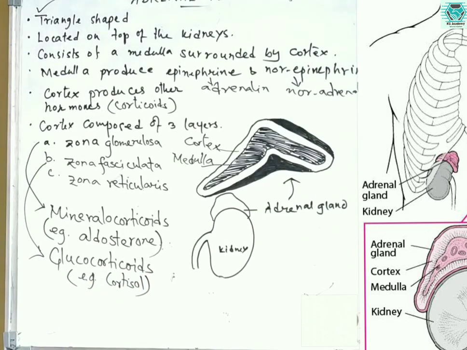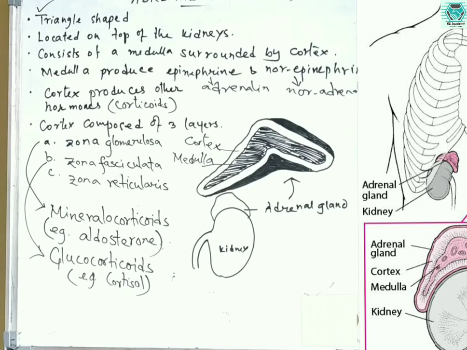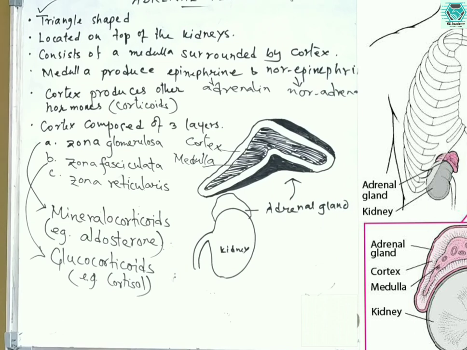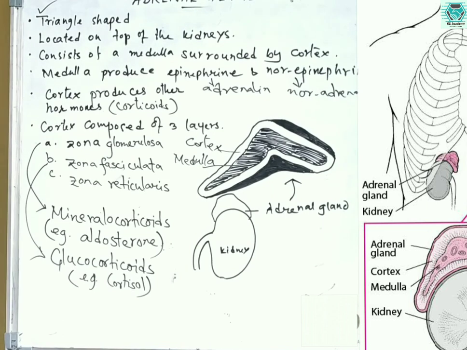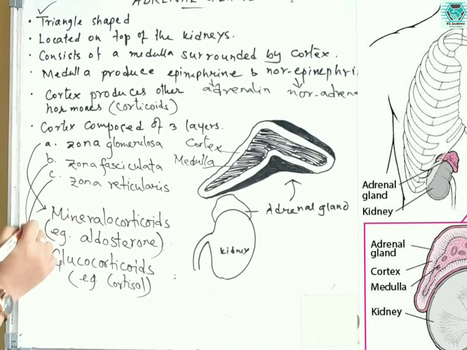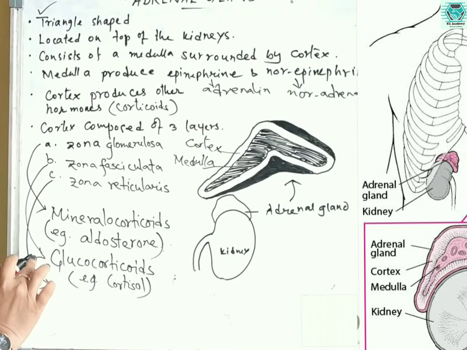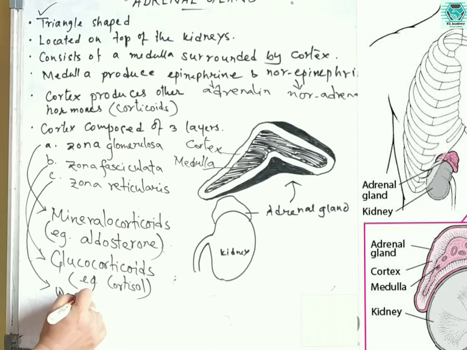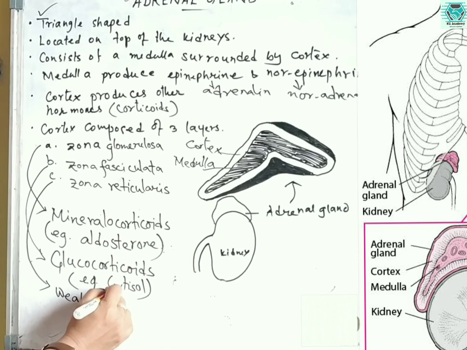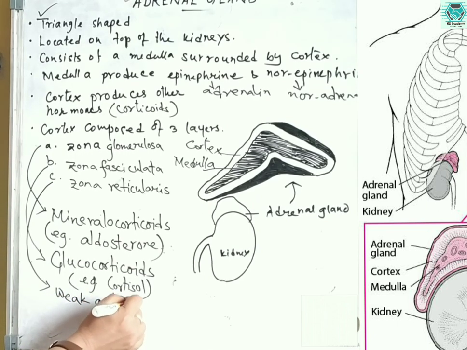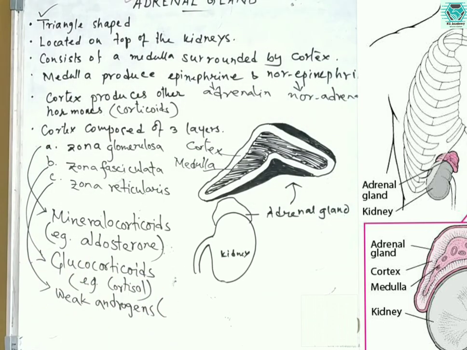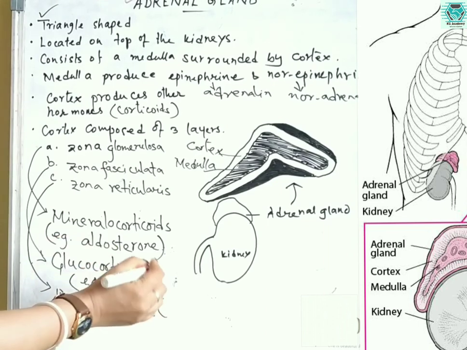And the deepest cortical layer, which is zona reticularis, releases weak androgens. For example, adrenosterone.